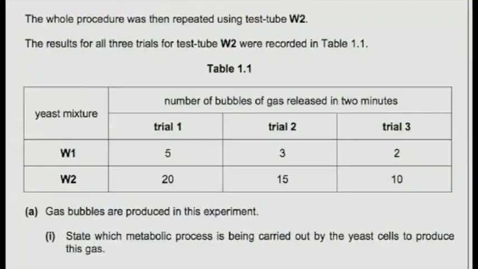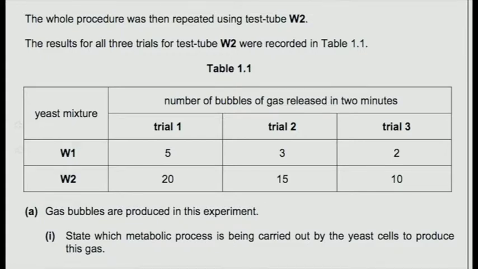For this question, we need to go back and look at our table with regards to the number of bubbles. For W1, we can see that for trial 1, the number of bubbles is low. Trial 2 is lower. Trial 3, it goes down.